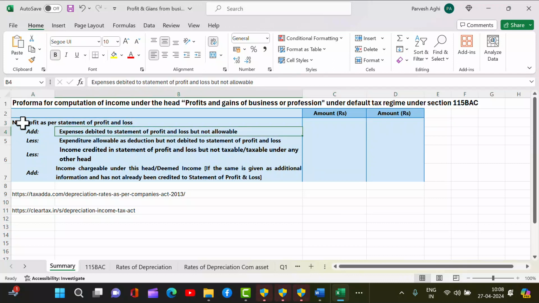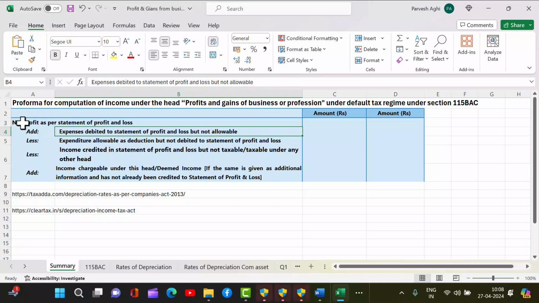Then add expenses debited to the statement of profit and loss but not allowable. Suraksha, can you read this again? Add expenses debited to the statement of profit and loss, but not allowable. That means there are certain expenses shown in your profit and loss account which are not allowable under the income tax rules.